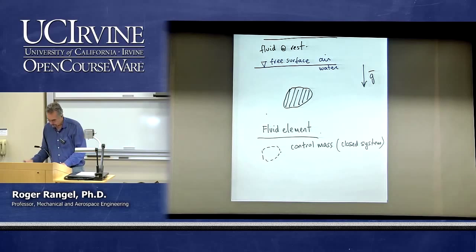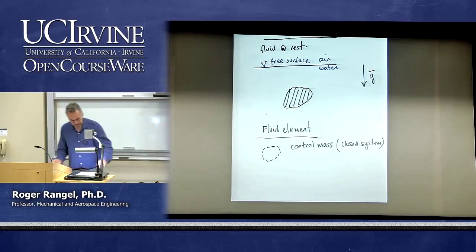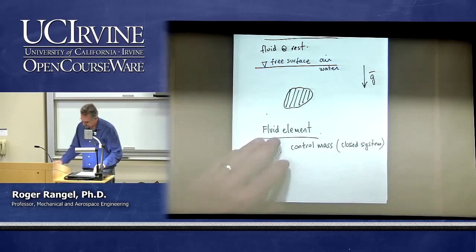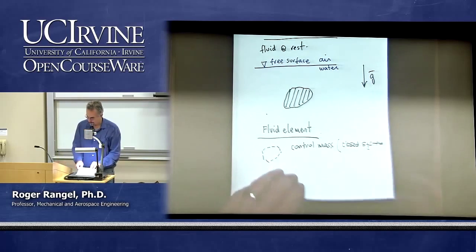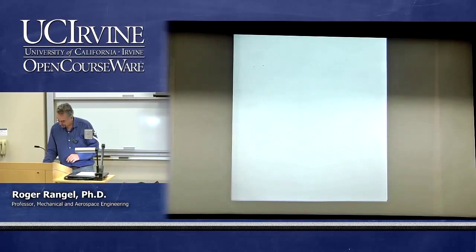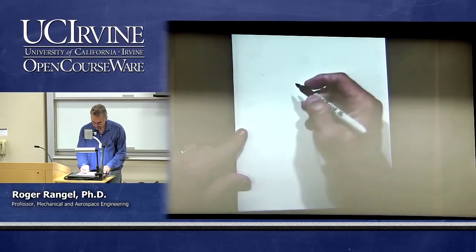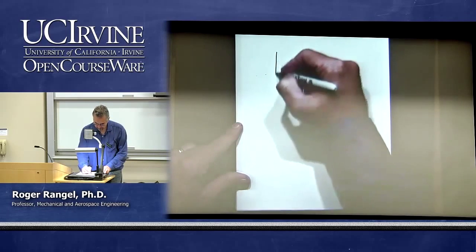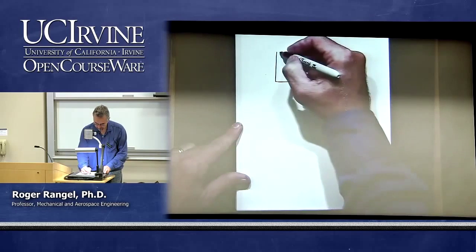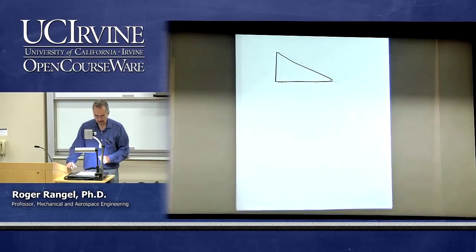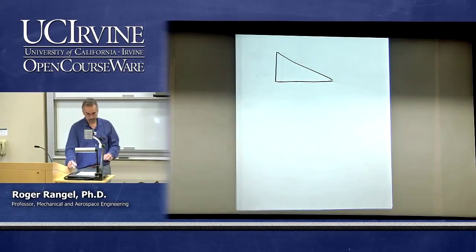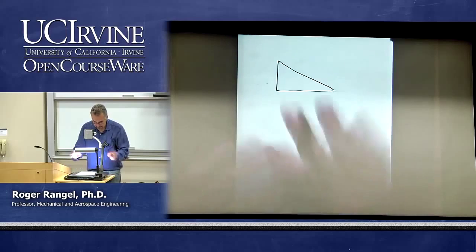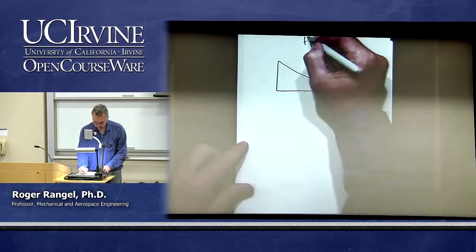So I'm going to take a fluid element, except my fluid element is going to have a very specific shape, like a wedge. So suppose I have a fluid element that looks like this. That's a fluid element inside my fluid.